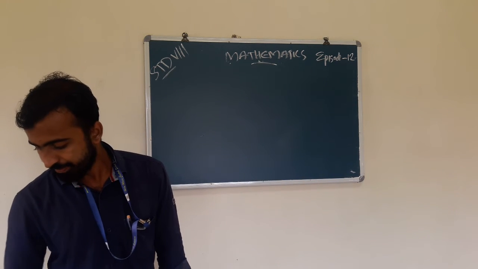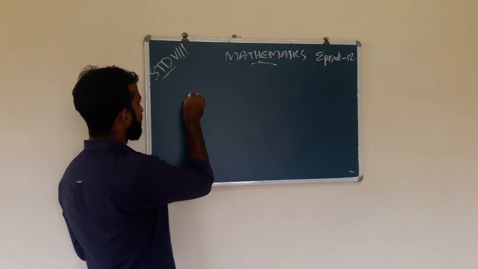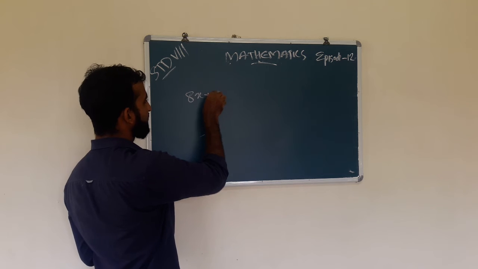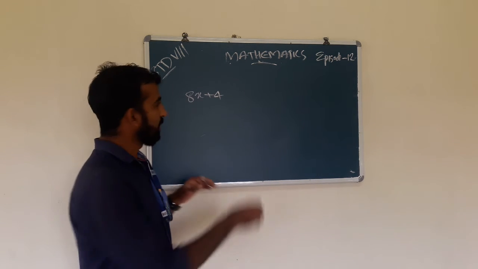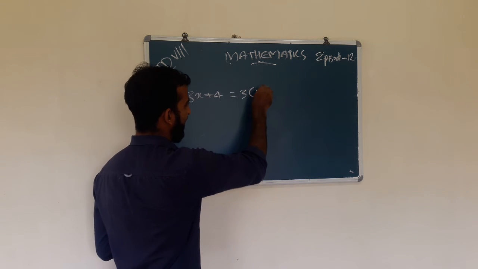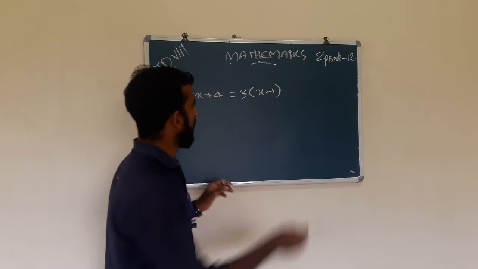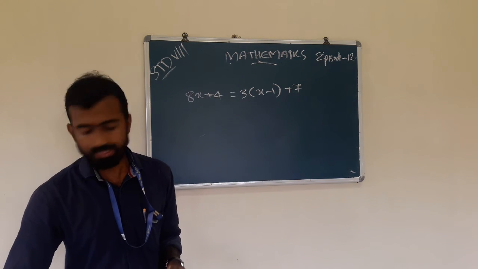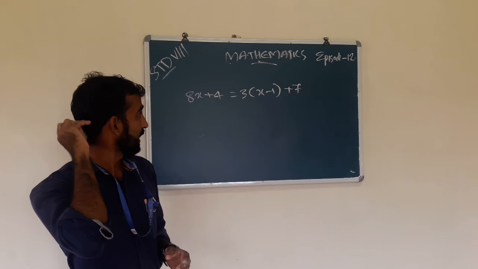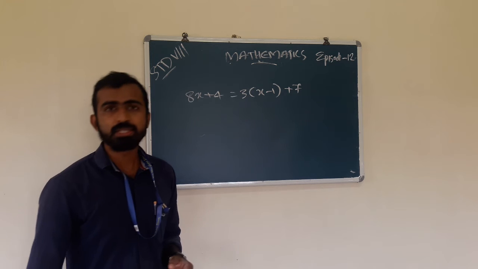The sixth one is 8x plus 4 equal to 3 into x minus 1 plus 7.